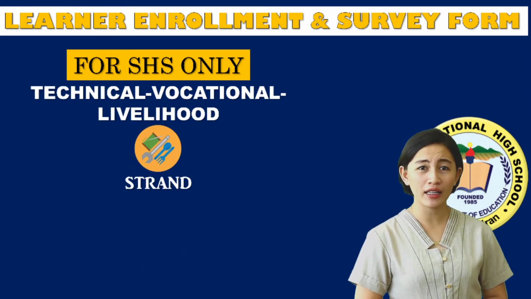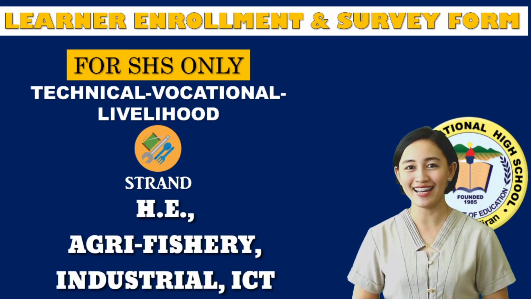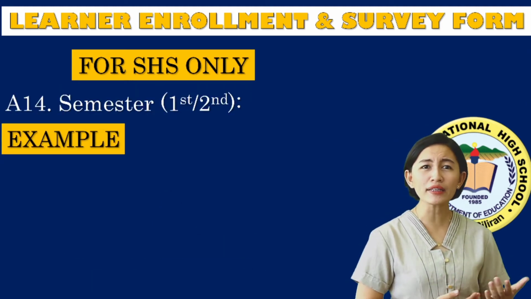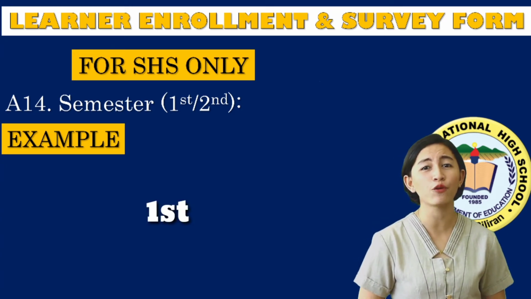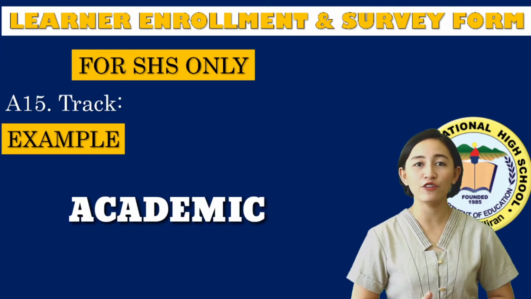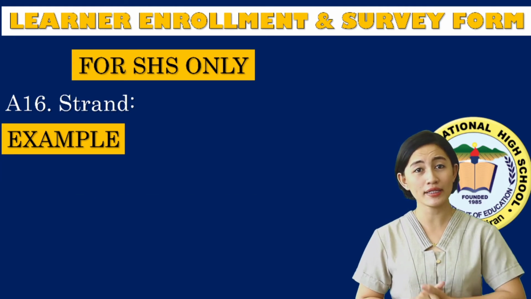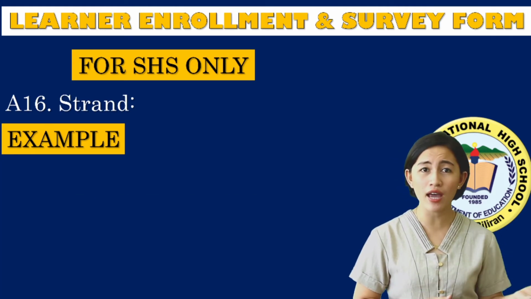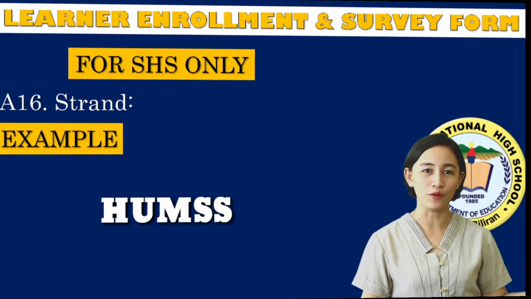For TVL, we have home economics, agri-fishery, industrial arts, and ICT. For Part A14, this should be an automatic answer for this school year, first semester. For Part A15, example, academic. For Part A16, which is the strand, example is HUMSS. And so on and so forth.